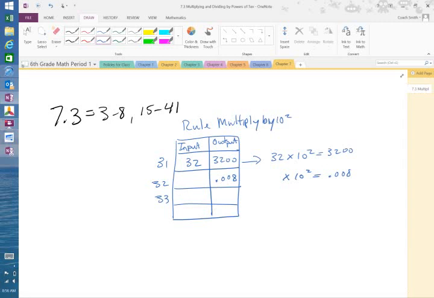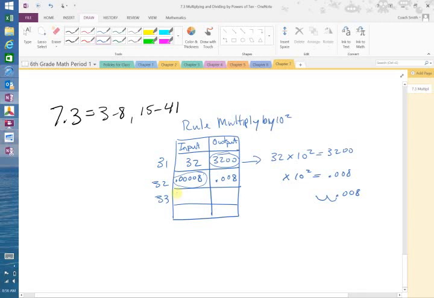So if I moved it here, I have to move it backwards to figure out what the original number was. So the original number then was 0.00008. Okay? So I had to move it backwards. So I'm going from the answer to the original problem. So this would be your answer.